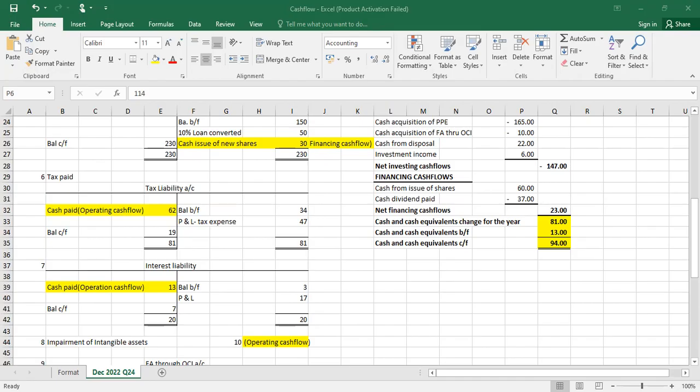Yeah, so there's an Excel that I have sent to each of your WhatsApp groups, an Excel titled common size reports and ratios. Again, I'll send to your WhatsApp group that working for the cash flow.